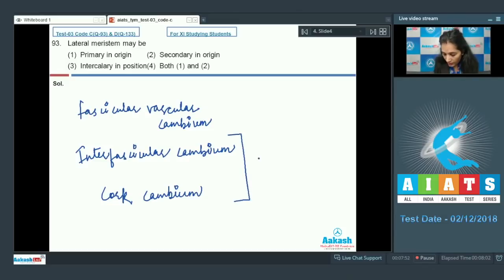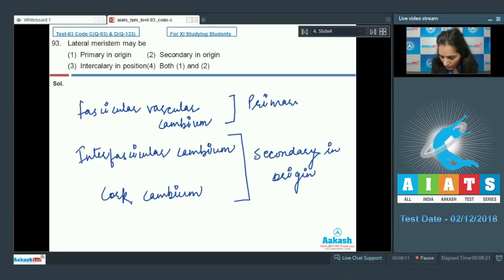These two are secondary in origin. They develop in later stages of life in plants, and it is primary in origin. So lateral meristem can be primary in origin, yes. It can be secondary in origin, yes.